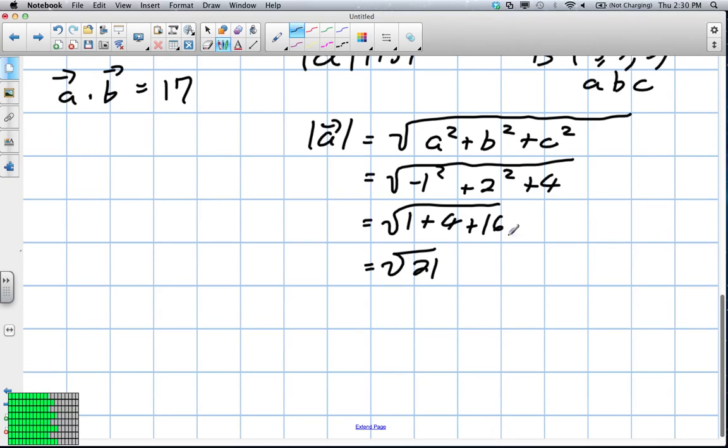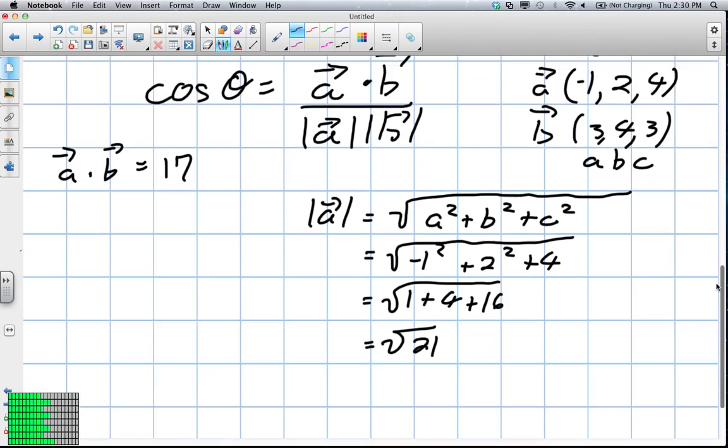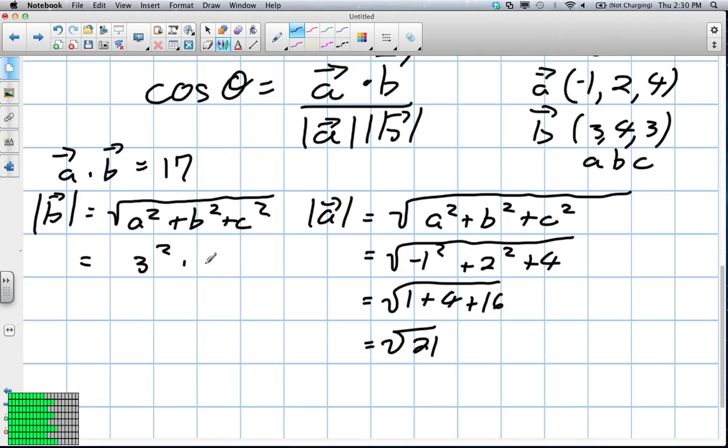So root 21 is the magnitude of vector A, and we'll do the magnitude of vector B right beside it. Same formula as before. Write it in just so we have continuity here. 3 squared plus 4 squared plus 3 squared.